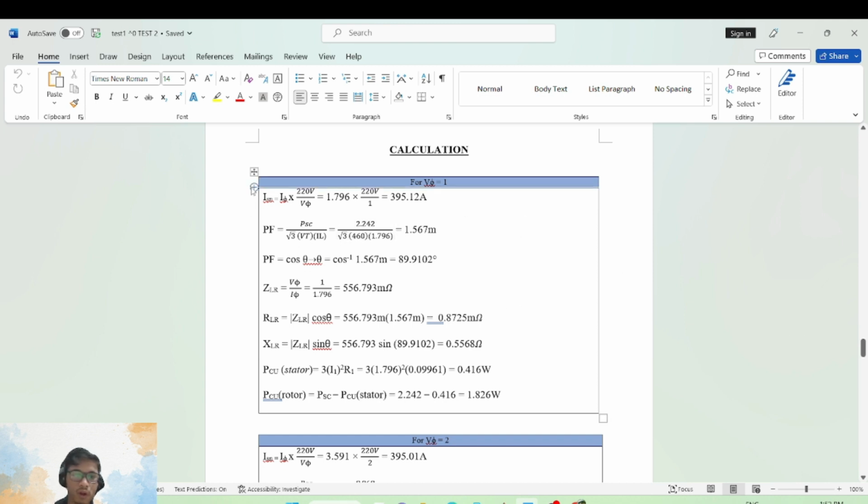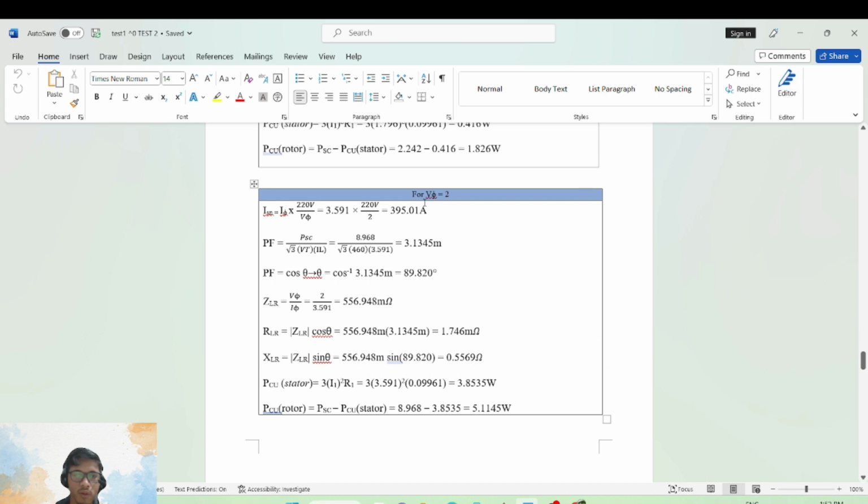So from this calculation we use the formula for the ISN is current times 230 volt divided by V phase, and for the power factor which is cos theta, and for the ZLR is V phase divided by I phase, and the RLR formula is ZLR cos theta, and for the SLR formula is ZLR sin theta, and for the PSC formula is 3 times I squared times R1, and for the PCU rotor is PSC minus PCU stator. So this is the calculation.